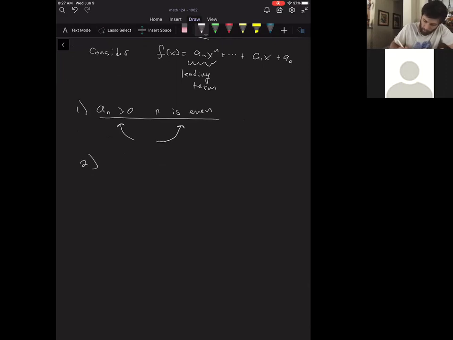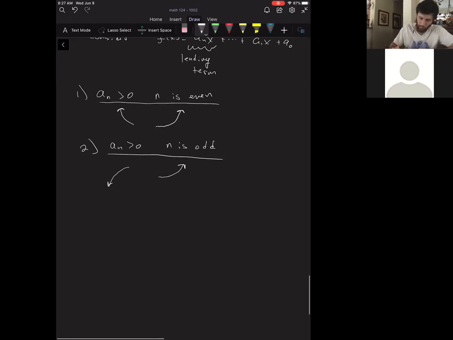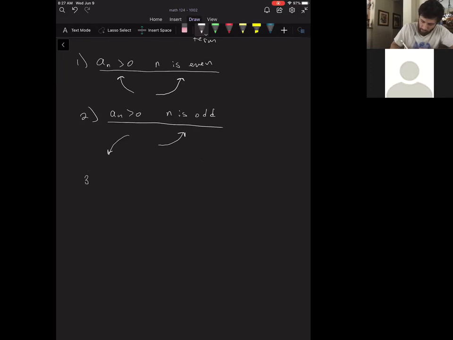Number 2, if a_n is bigger than 0, but n is odd. In this example, on the left-hand side the graph moves down, and on the right-hand side the graph moves up. Number 3 is if a_n is a negative number and n is even.